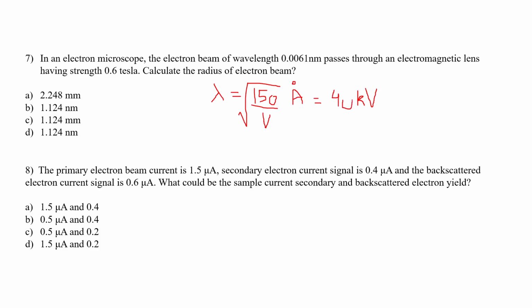So this you can say on an average will be 40 kilovolt. Okay. And next they have asked to calculate the radius of the electron beam.